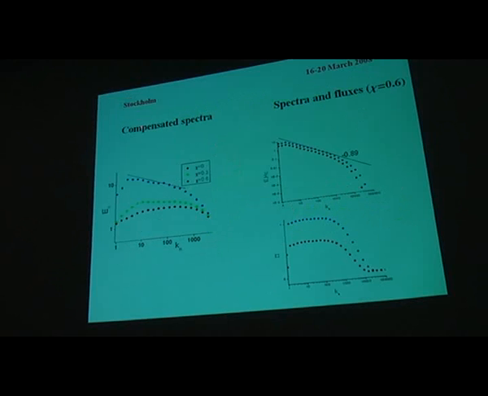This is the change of spectral slope. Here are given the spectra compensated by the Kolmogorov slope, and for the input rate of cross helicity 0.6, it's about 0.89, so for E of k, it will be 1.89.